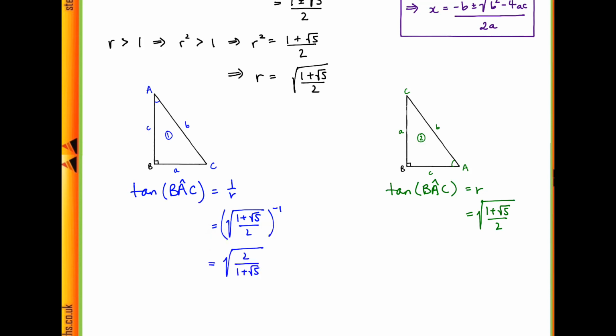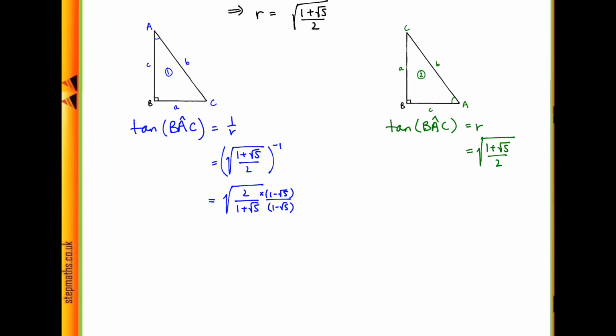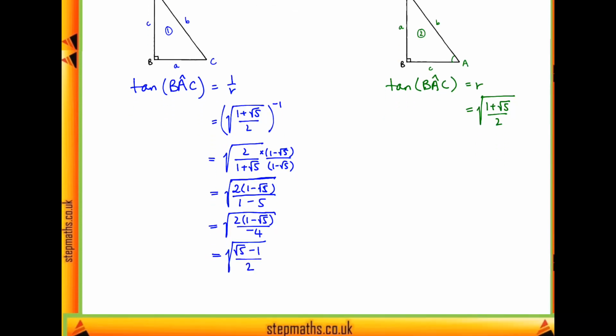Well, we can write it as the same as the square root of 2 over 1 plus root 5. And now we just need to rationalize the denominator. So we'll essentially need to multiply both the top and the bottom by 1 minus root 5. And this is the expression we end up with. 2 times 1 minus root 5 all over 1 minus 5. And we can simplify that. And eventually, after all the simplifications, we see that our answer is root 5 minus 1 over 2.